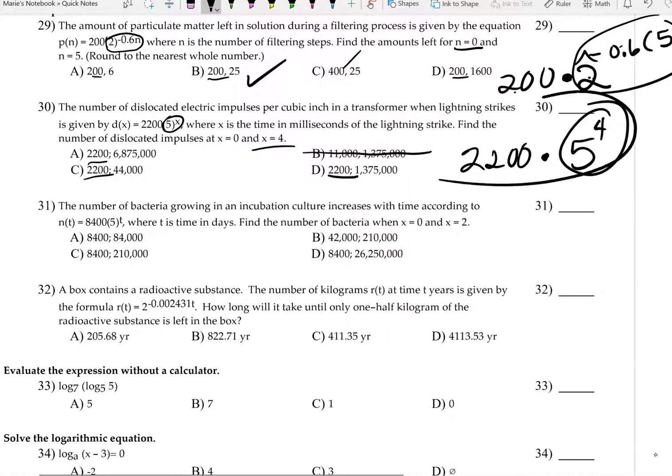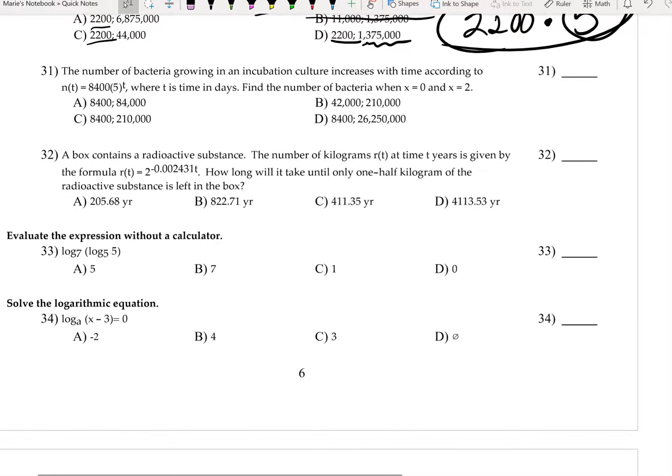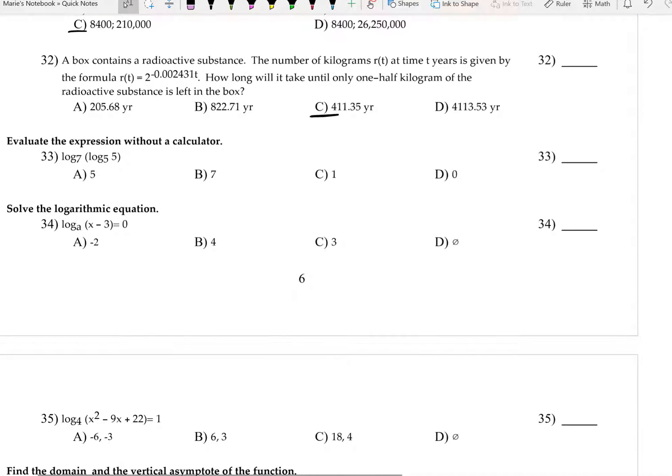That times 2200 yields you your final answer, which is 1,375,000. Okay? You would do the same for these guys. For 31, you should get C, and for 32, you should also have C. So try it out on your own, using your calculator, and we'll touch base if you have issues from there on.